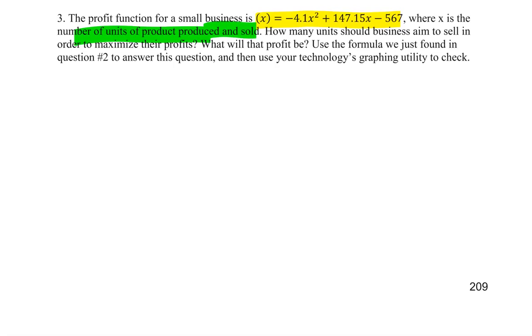The question now is, how many units should the business aim to sell in order to maximize their profits? What will that profit be? Use the formula we just found in question number 2 to answer this, and then use technology's graphing utility to check.